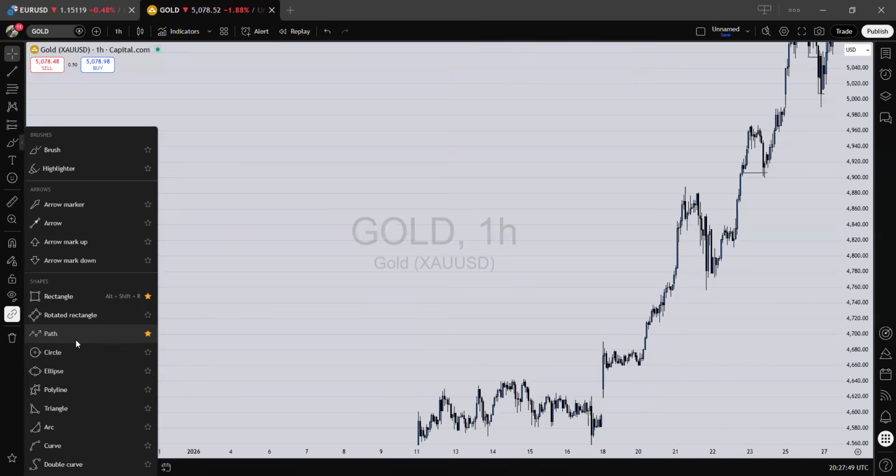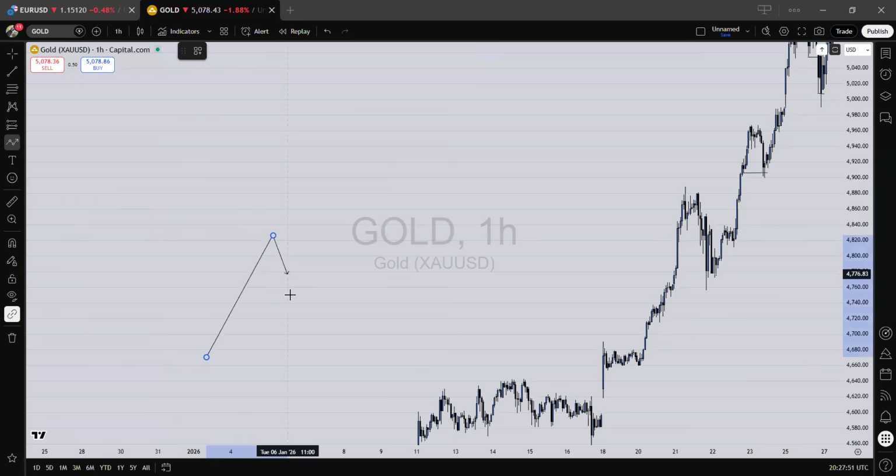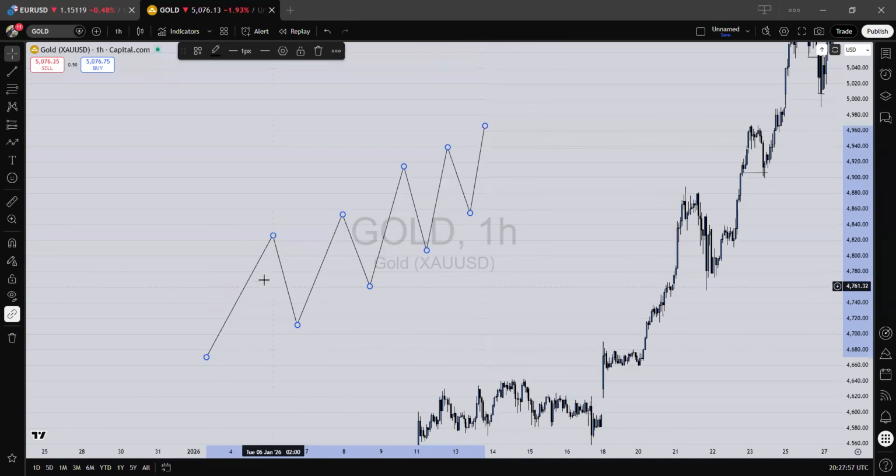What do I mean? In your bullish trend, it is the liquidity that is close to your entries that should be more important to you. Okay?